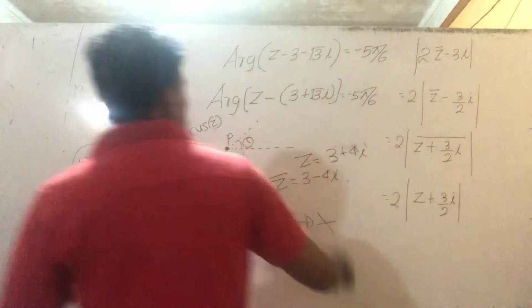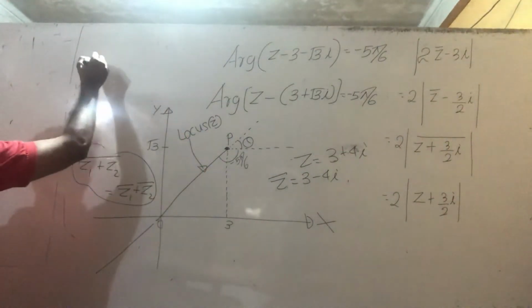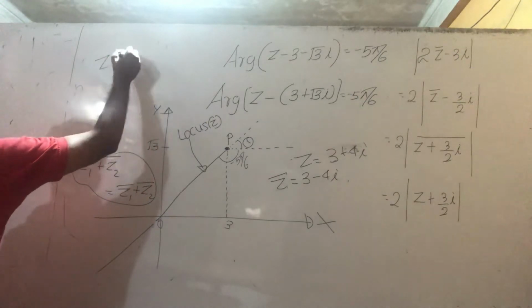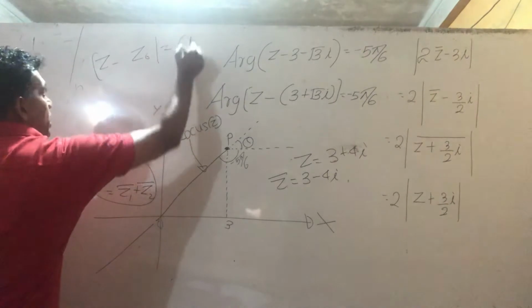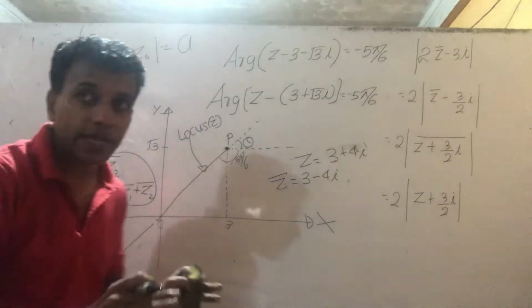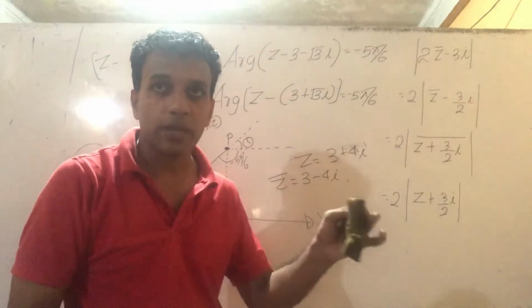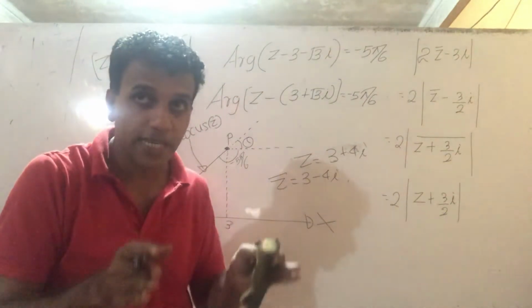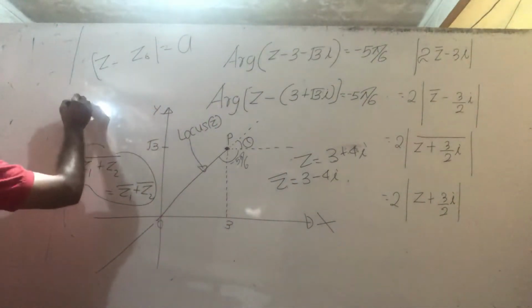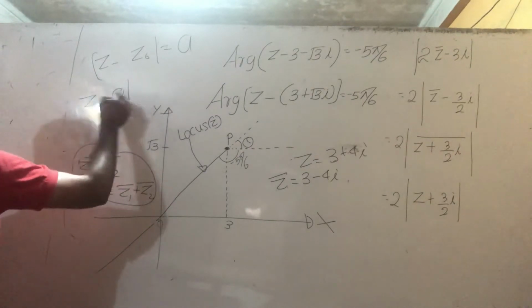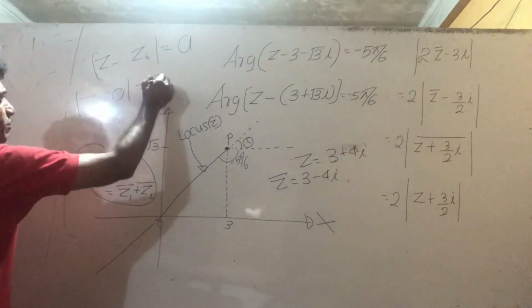As I mentioned, the locus here is |z minus z naught| equal to some alpha or a. As I mentioned at the very first, |z| equals a is |z minus 0| equal to a.